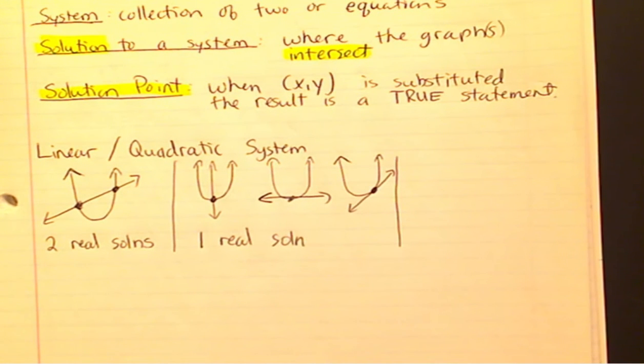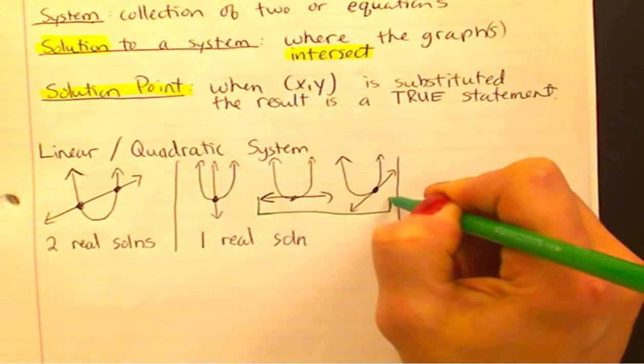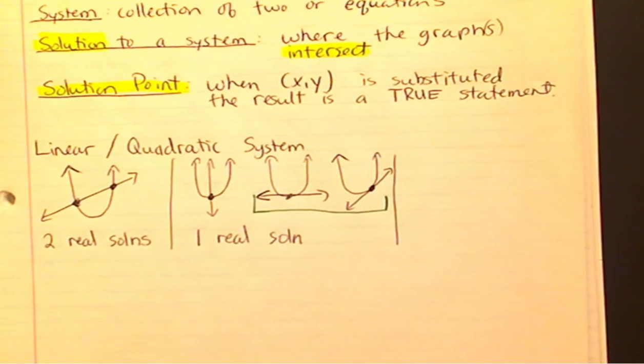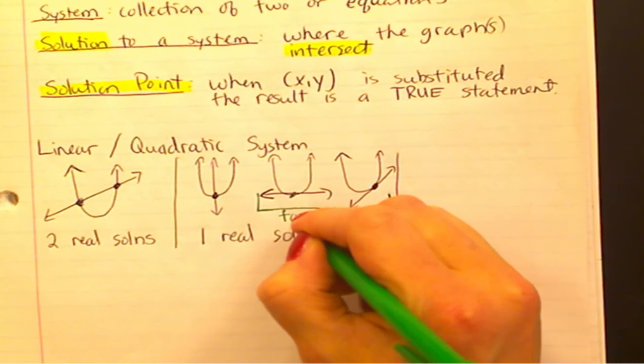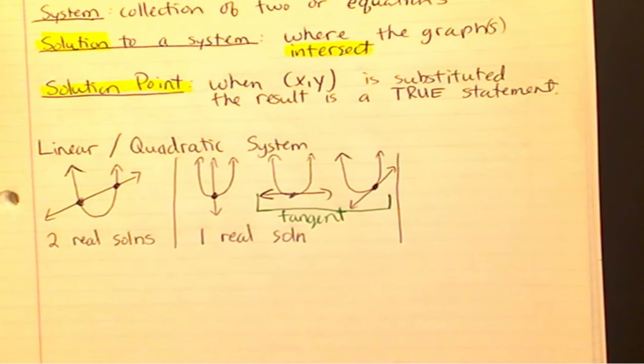We're going to add a vocab word here. These two have a special word that goes with it. We call it tangent. Oh gosh, geometry. Okay, do you remember your circles? Do you remember your circle from geometry?